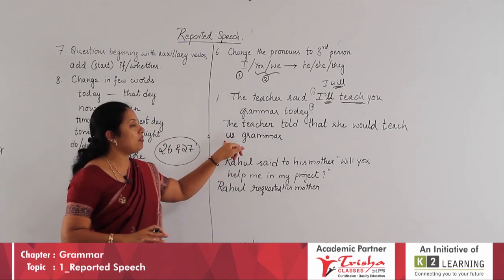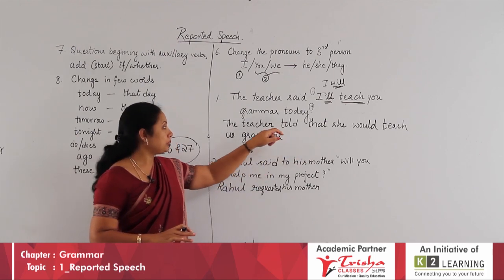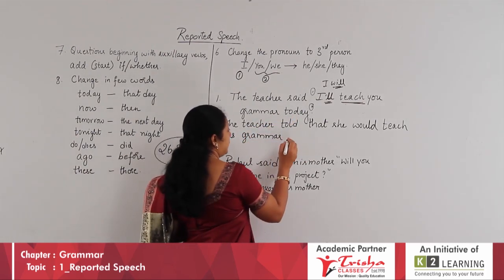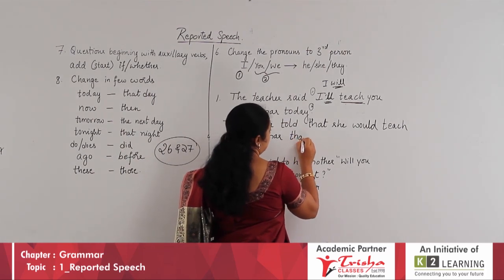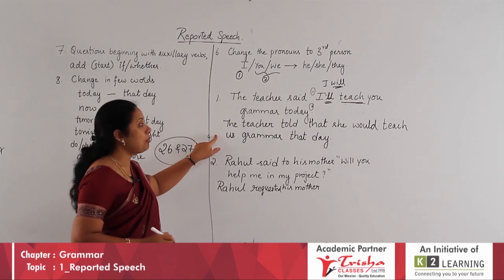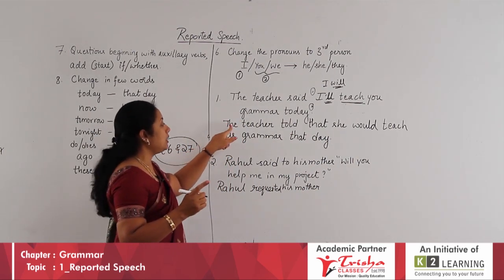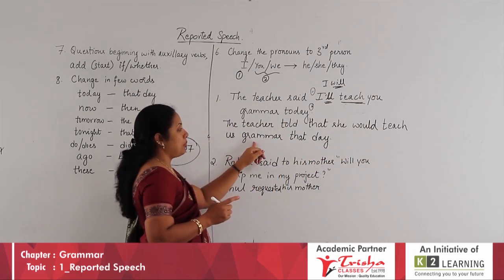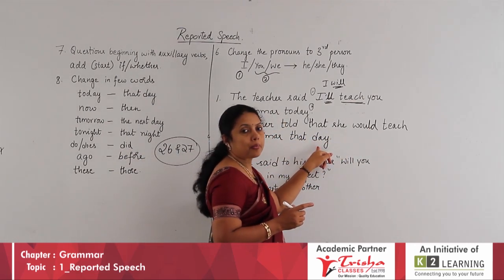So this question for me will be complete. Here I have to write today. So instead of today, I'll be writing that day. So this completes one question of mine. The teacher told that she would teach us grammar that day. Okay.